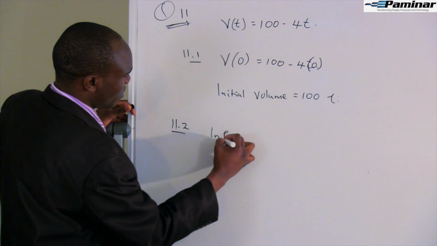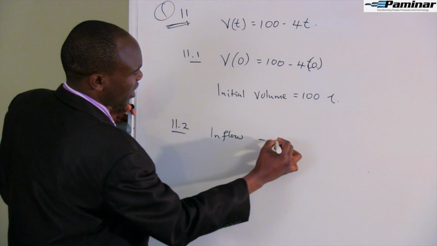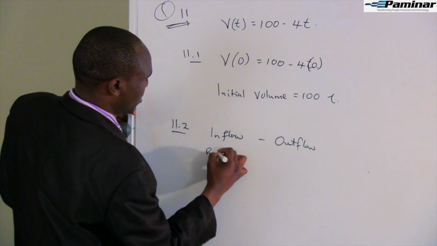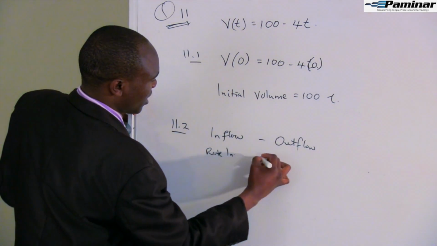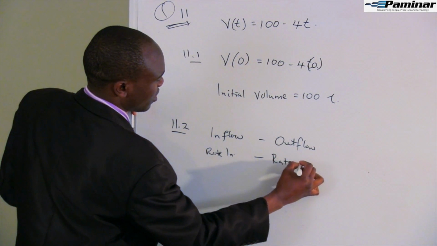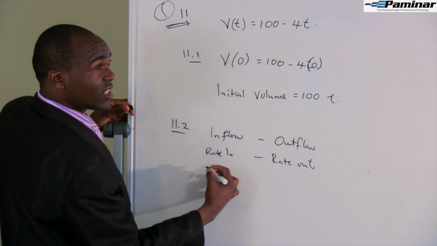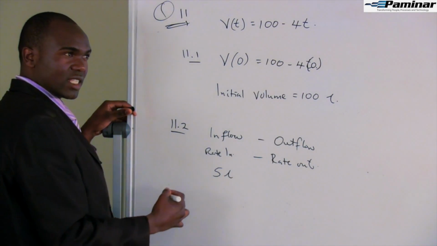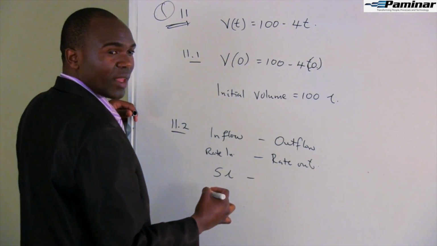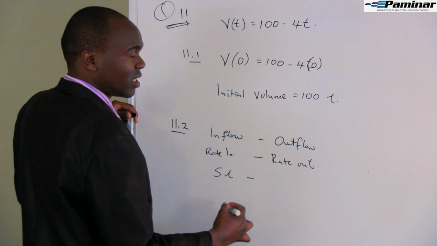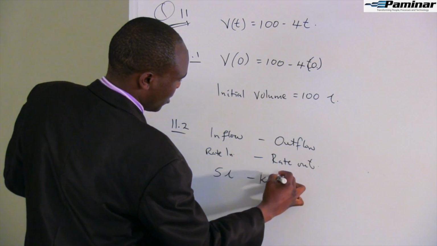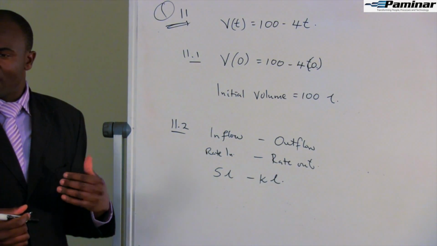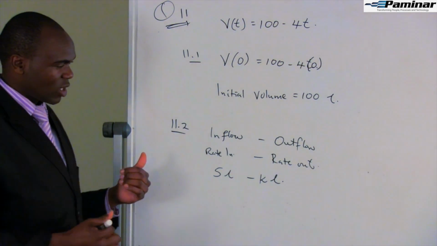So we can just say inflow minus outflow, or rate in minus rate out. What was the rate in? 5 liters. Minus rate out, K liters. That's it.